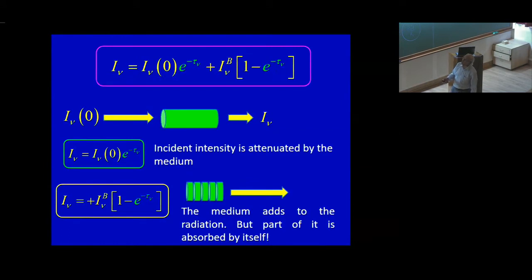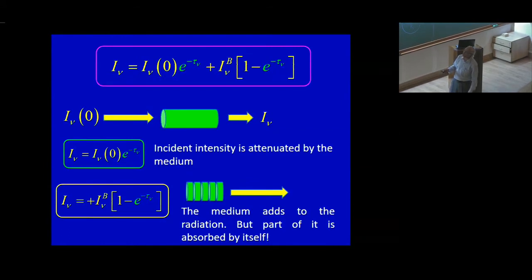So right on the top is the same equation of radiative transfer. I have copied and pasted it here for your ready reference. Let us look at the first term here. Here is a body. This green cylinder is the body. Incident on it is a specific intensity I nu 0. It goes through the body and comes out. And what we are saying is that this incident specific intensity is attenuated by the body, and I get e to the power minus tau nu.